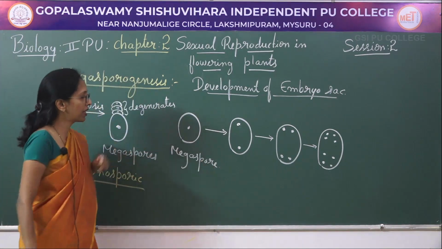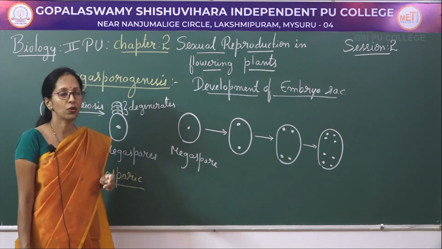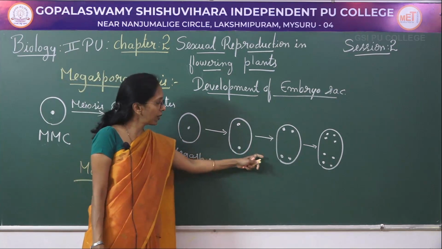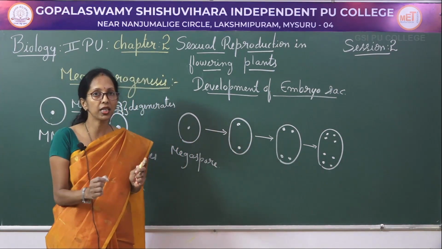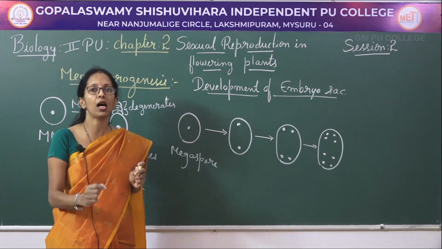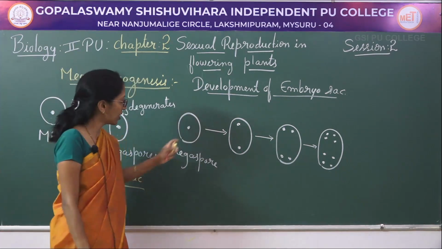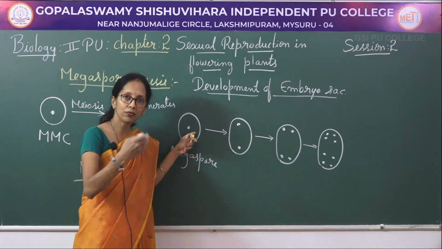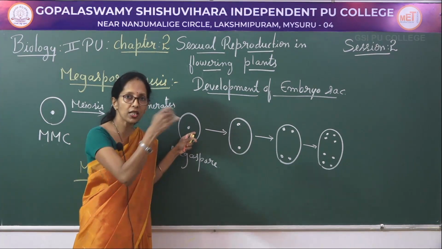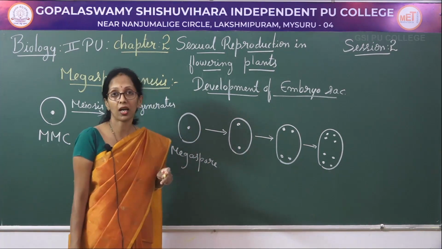Now this megaspore undergoes sequential free nuclear mitotic divisions. First there will be a division of the nucleus, which is followed by the division of the cytoplasm. But in this case what happens?